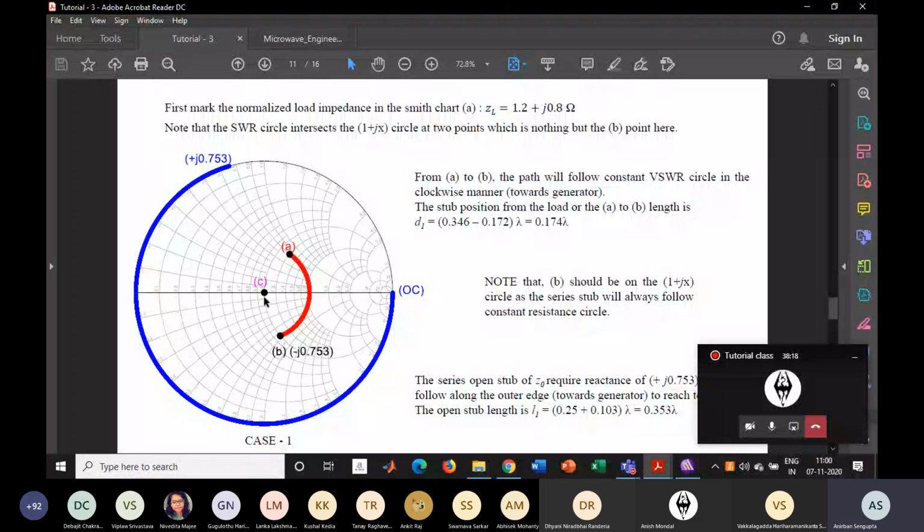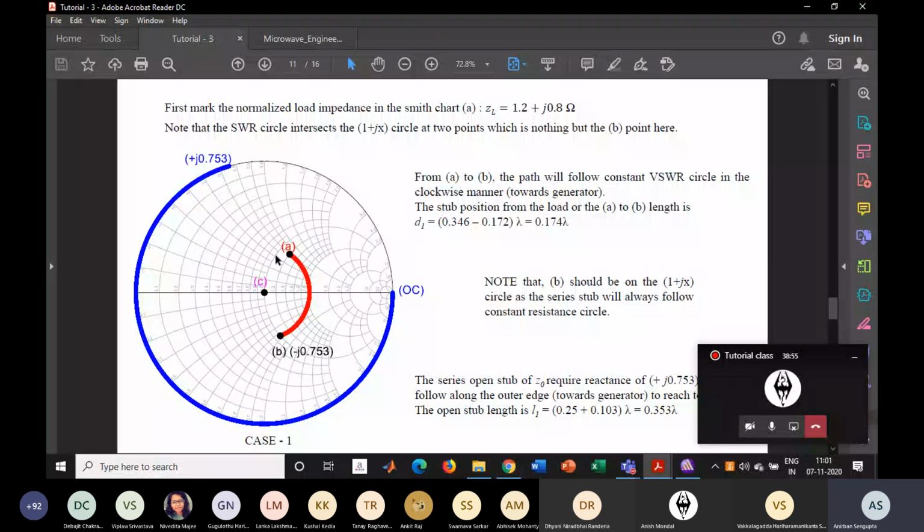If you draw a SWR circle, you will find that the circle intersects the 1 plus j0 line, that is, R equals 1, and the reactance part will change. So it will intersect this 1 plus jx line in 2 points. The first point is B, and the second point I will show later.